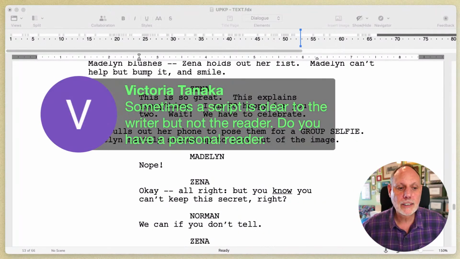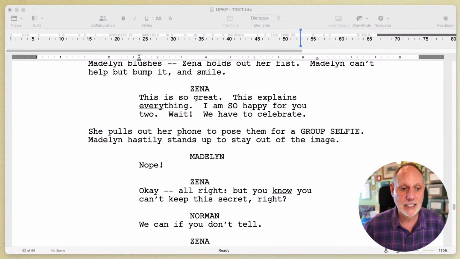The things that are not clear, people tell you, which is great. So as far as I'm concerned, give your script to as many people as you can. Different people will find different things that they understand or don't. What's really cool is if you hand your script to people, and a lot of them don't understand one specific point, then you know it's the script. It's not the reader. It's not just a bad connection. There's something truly in the script that is not clear.